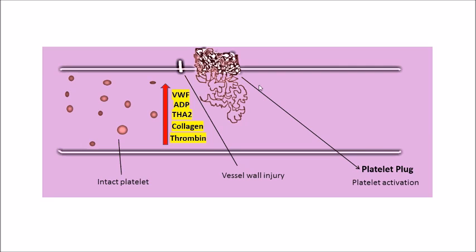So, what this causes is if you activate one platelet, it releases all these factors, like von Willebrand factor, the ADP, the TXA2, all released by the platelets. They change shape, they stick to each other, and then they form this plug.